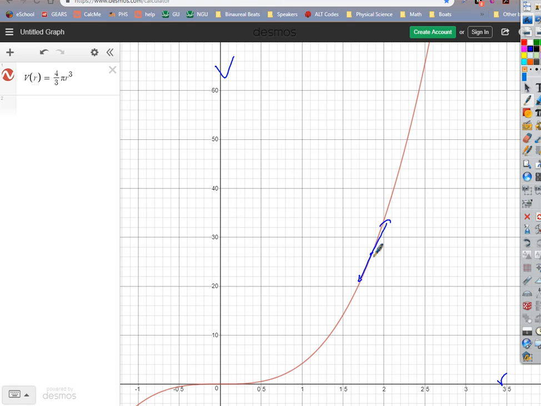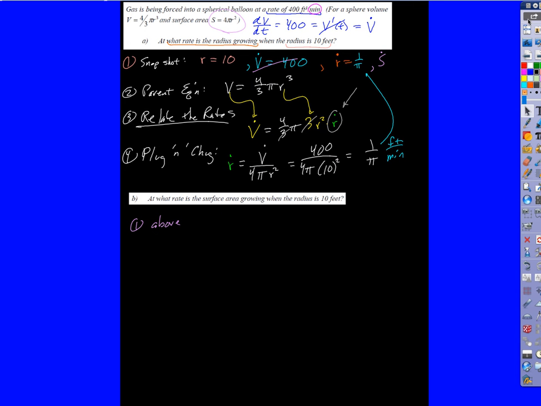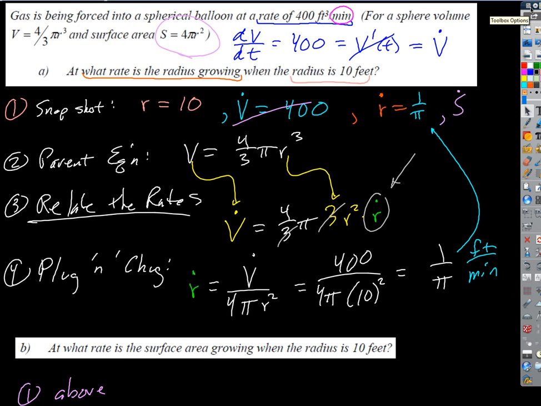It's telling us at that point right there what dV dr is. Well, in our problem, we're not looking at dV dr so much. We're looking at dV dt. How fast is volume changing with respect to time? They're telling us that's a rate, okay?